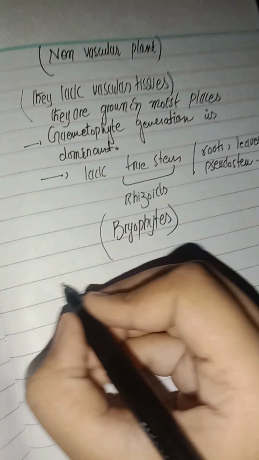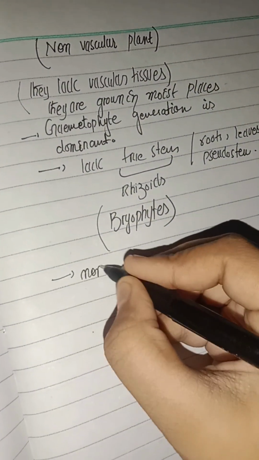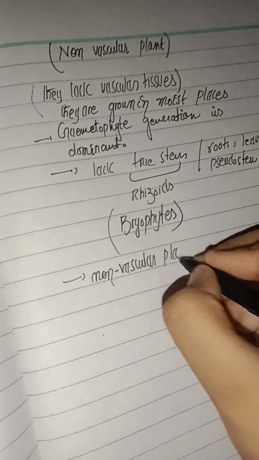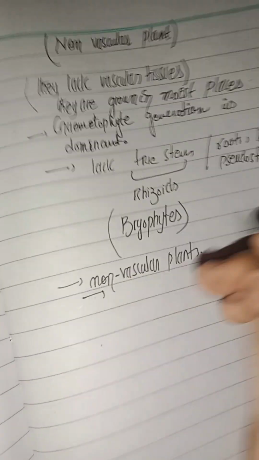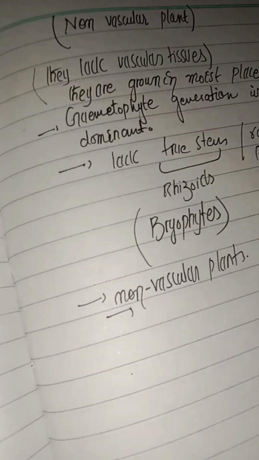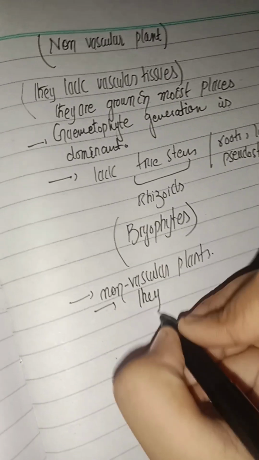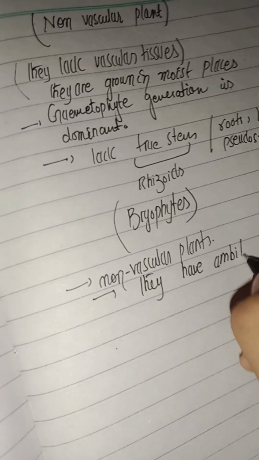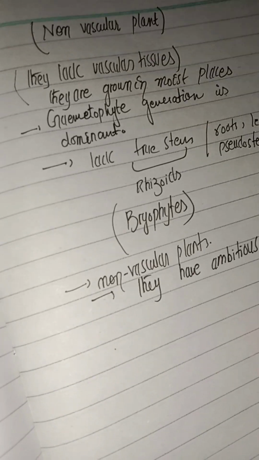Bryophytes are non-vascular plants. They have an amphibious nature.